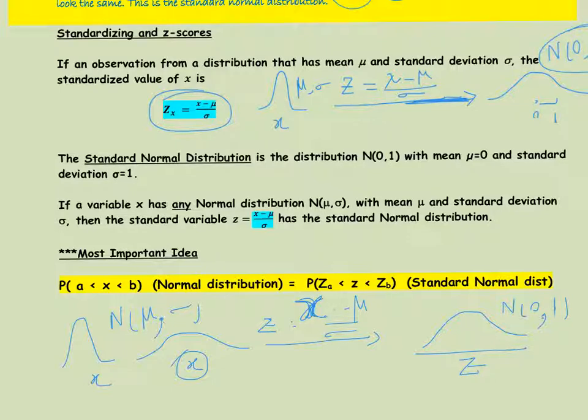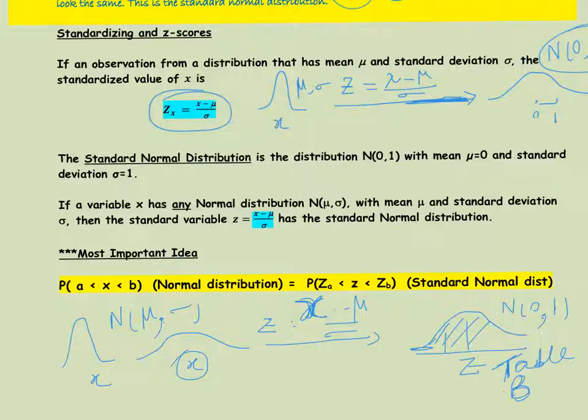Now, the reason why we do this is because for the standard normal distribution, we can find the area under the curve using a table that is given in the textbook. It's called table B, to be precise.